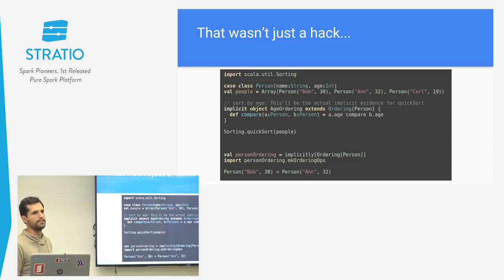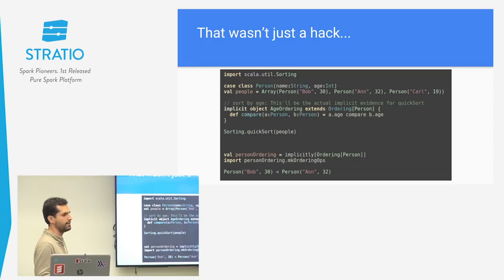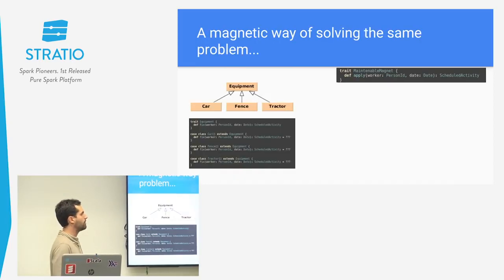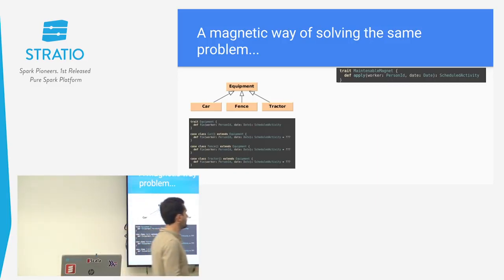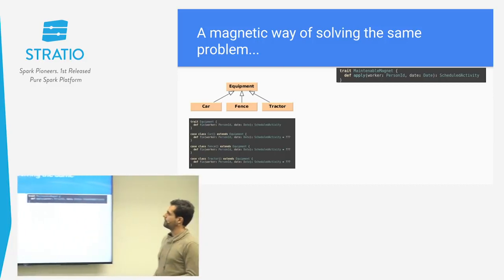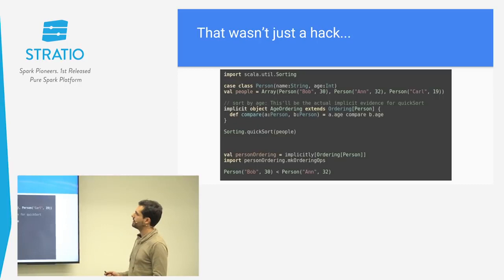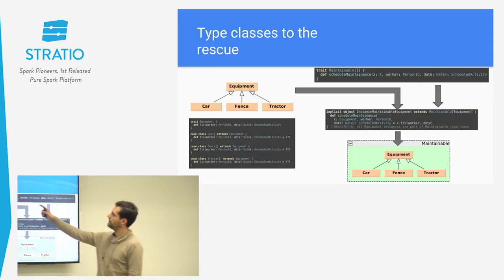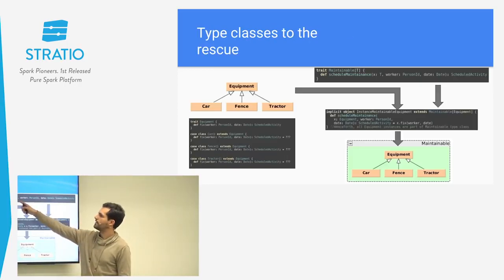Some people say that this is like the other one, that they are equivalent, and they are called magnets. And instead of relying on implicit parameters, they rely on implicit conversions. So it's the same case, same class, same behavior, but this time the behavior is defined here, it received the object over which it was about to perform the operation.